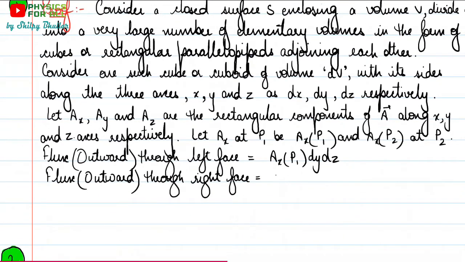So we can mention here ax P2 dy dz. Now just take care that flux is the outward flux. Whenever we talk of flux and divergence, it takes care of the outward flux.